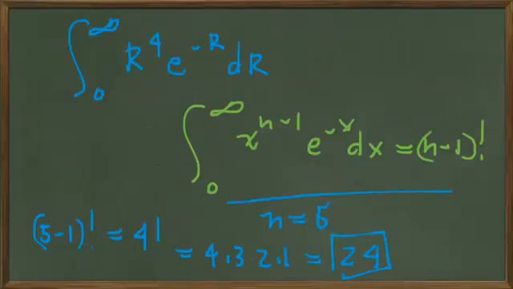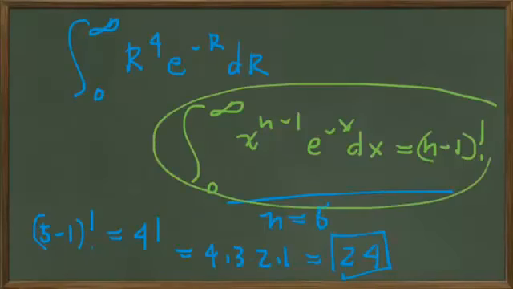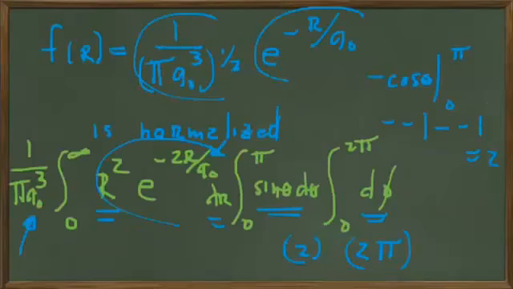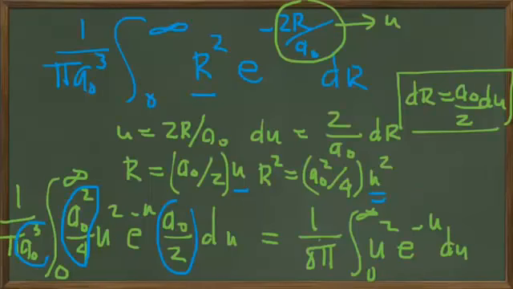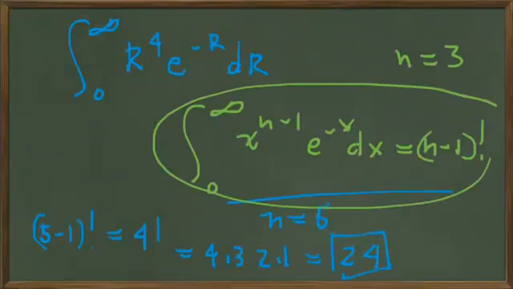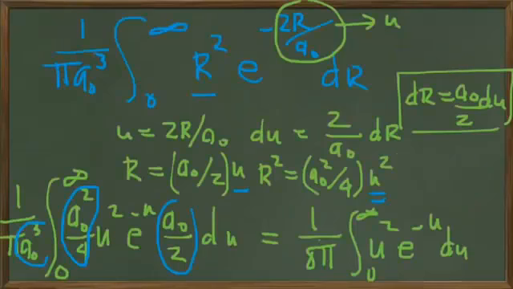This can be done with this same formula that we used before, but in this case with a u squared, n is going to equal 3. So if we move back to here, remember if n is 3, then 3 minus 1 factorial is the result. So this bracketed expression is 3 minus 1 factorial, which is 2 factorial, which is 2.